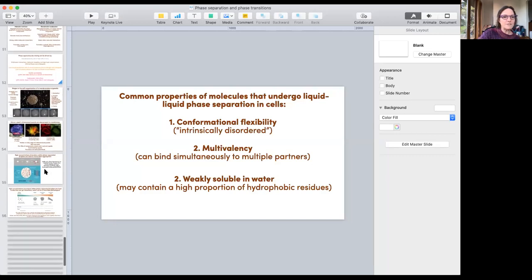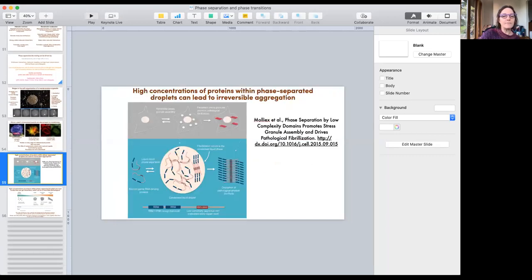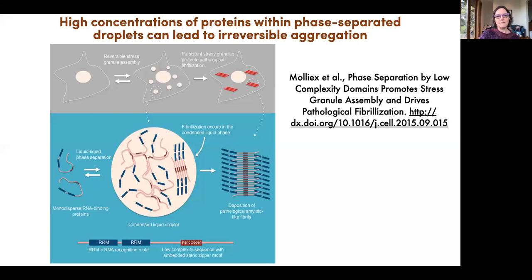I will maybe just mention in passing that there's a lot of interest in this phenomenon of phase separation in the field of neurodegeneration.